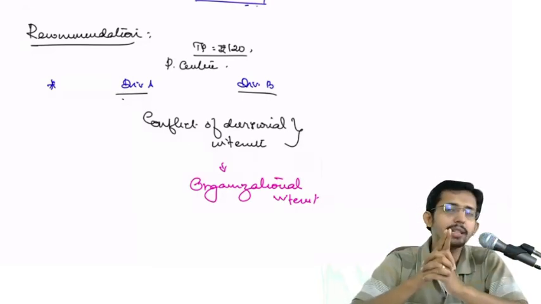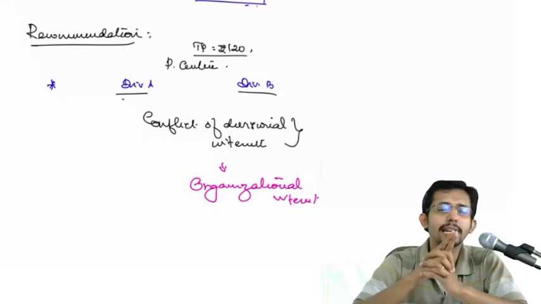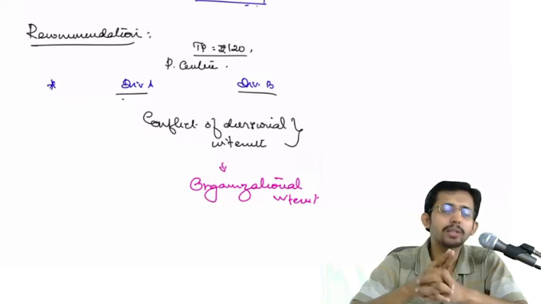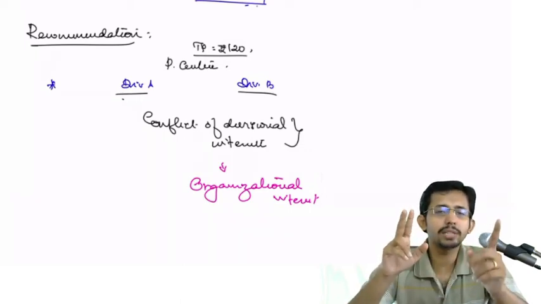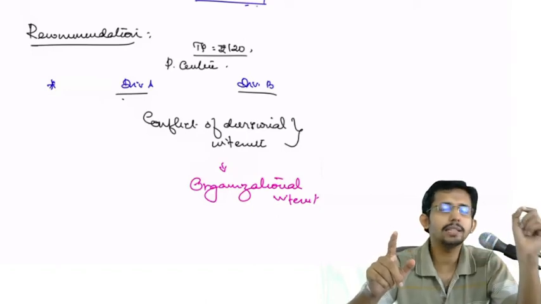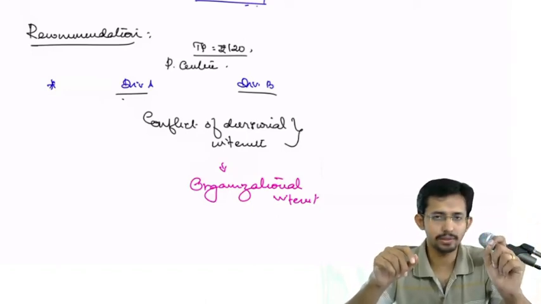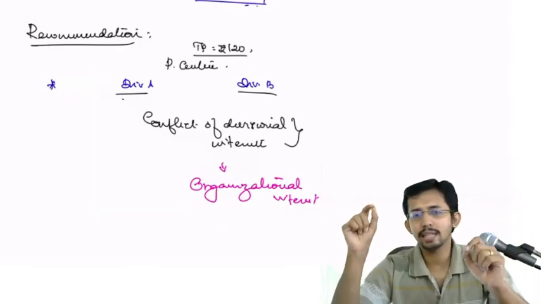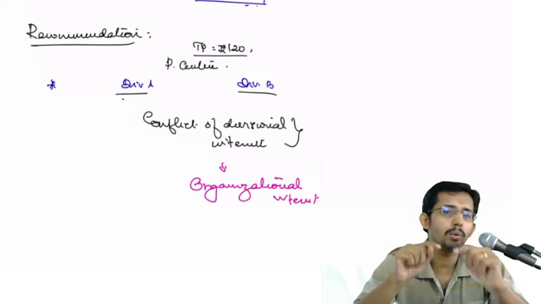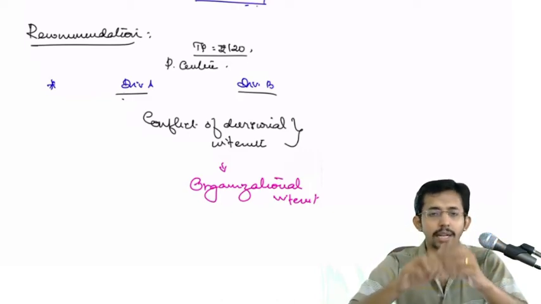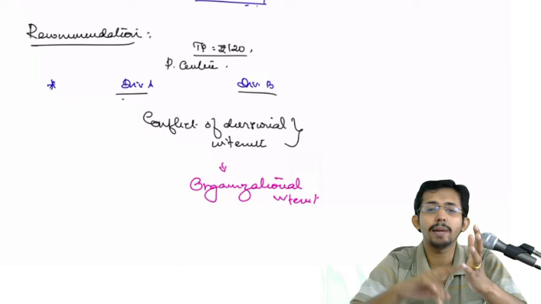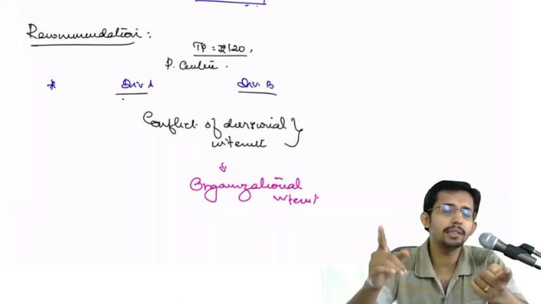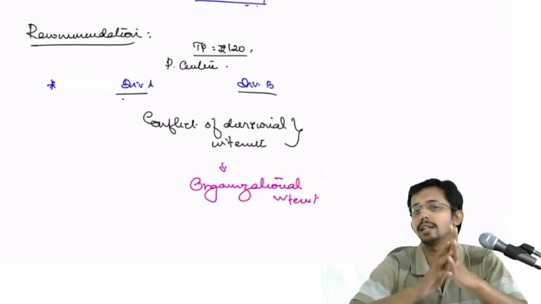So if the internal transfer decision is beneficial from Great Vision's entire perspective, then in spite of the conflict between division A and division B, considering the principle of goal congruence, which states that the interest of the entity as a whole has to be given preference over the divisional interest, if the internal transfer is beneficial for the entity as a whole, then division A and division B managers should go for the internal transfer.